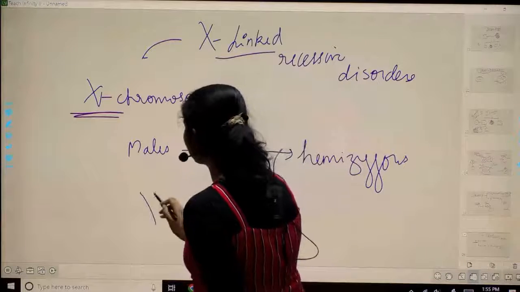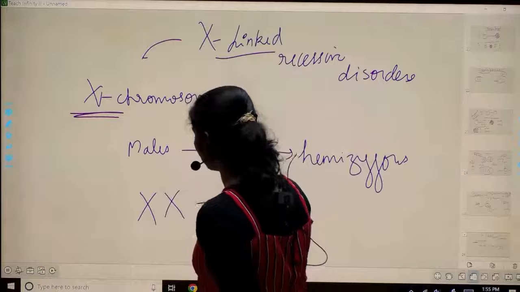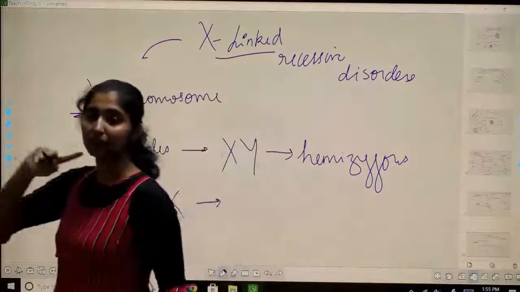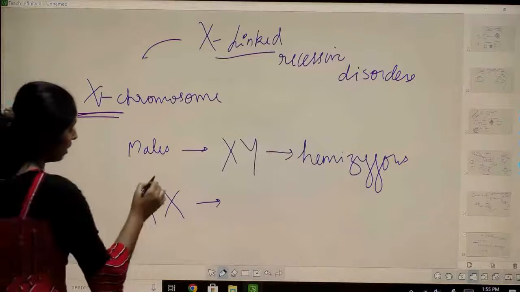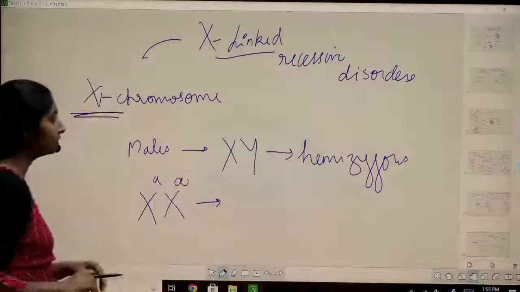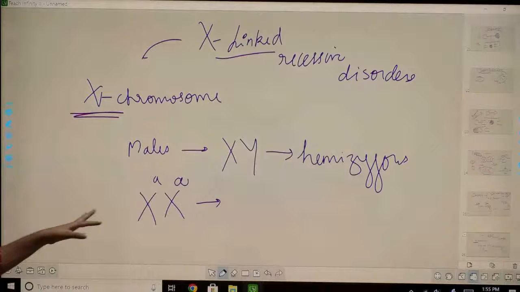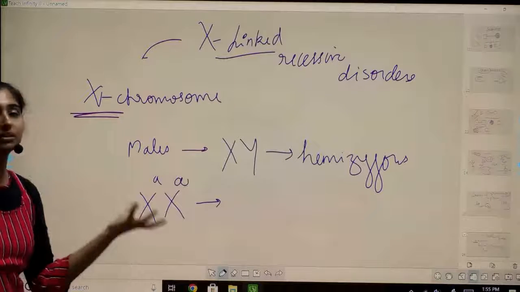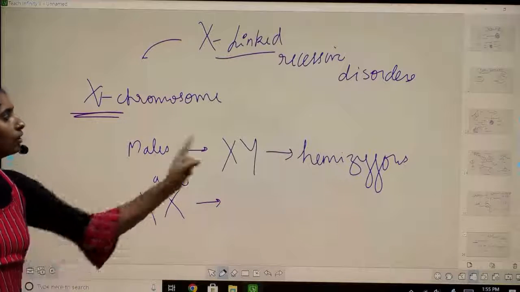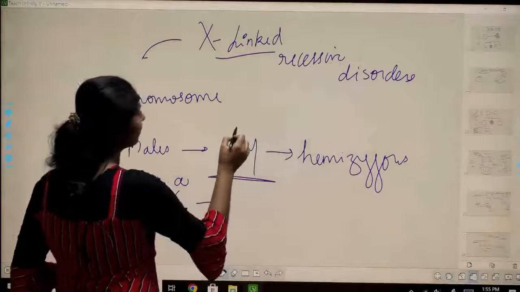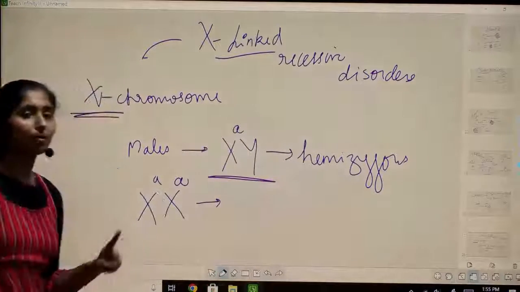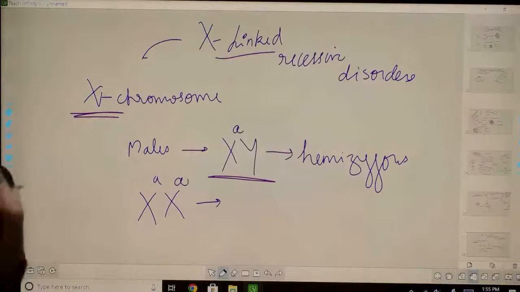Because females have 2 copies of the X chromosome, for them to be affected by a recessive disorder, both the alleles should be recessive. Only then will the female be affected. Now what about males? In males, even if they have just 1 copy of that recessive allele, it is going to express itself.